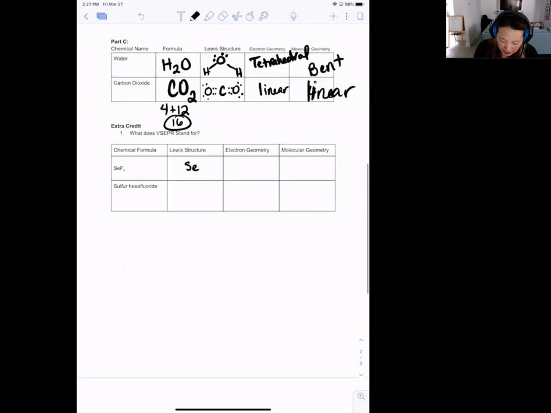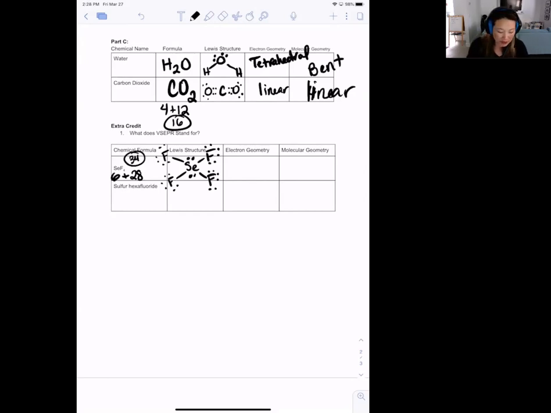So fluorine has 7. So this one's going to look like this, and I'm going to draw in lines for the bonds. Remember, each bond is 2 electrons. And then we're going to draw in the lone pairs for fluorine. And so selenium has 6, fluorine has 7, there's 4 fluorine, so we have 28. So we should have a total of 34 electrons. Is that correct? That is correct.